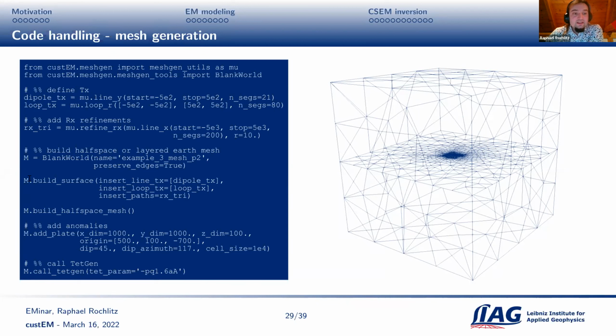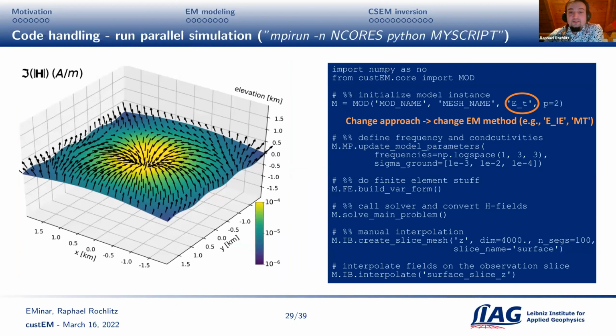After that, we can add the surface mesh, which can include transmitters and receivers. Then we extend our 2D mesh into 3D as a half space or a layered earth. And after that, we can also add some anomalies like bricks and plates or inversion domains in our mesh. So this is basically the extent of a mesh generation code.